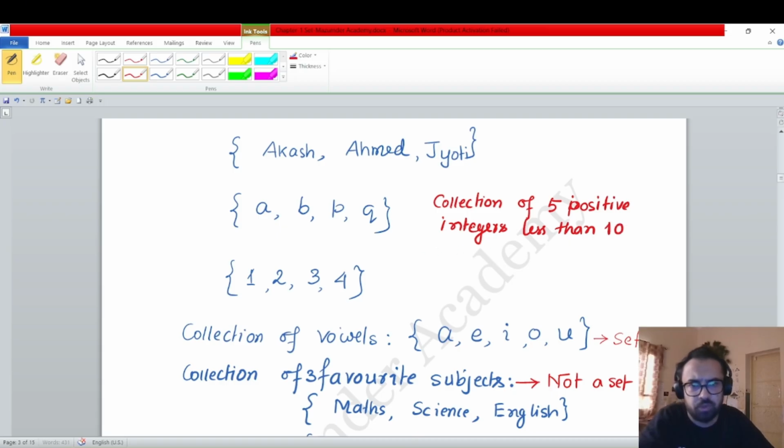So collection of 5 positive integers less than 10. These integers can be 1 2 3 4 5, or it can be 2 3 4 5 6, or it can be 3 4 5 6 7, like this. Since it is not fixed, this collection will not represent a set.